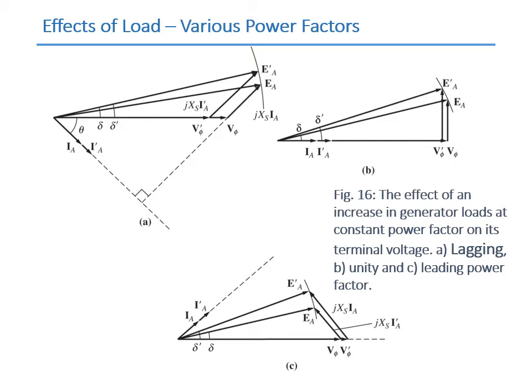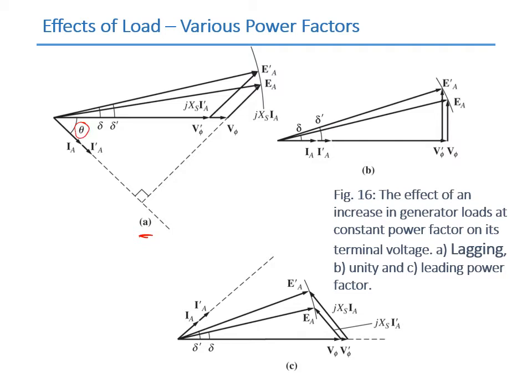The same diagram has been redrawn here as diagram A, and that was actually specifically for lagging power factor. You can see it from the angle of IA, which is negative.